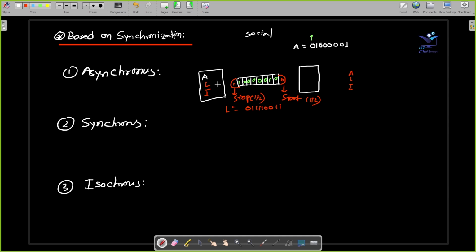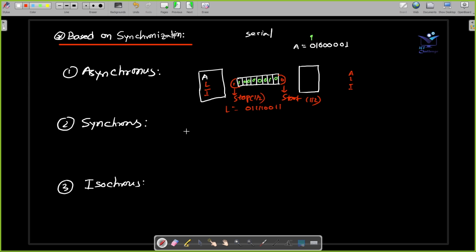Here there are no time limits and no equal time. After A is passed, L can be typed after 1 or 2 minutes, or I can be typed after 30 seconds. So there is no fixed time in between them. Here we can pass character by character data using the asynchronous data transmission system.